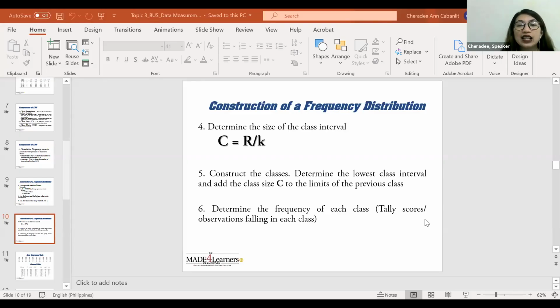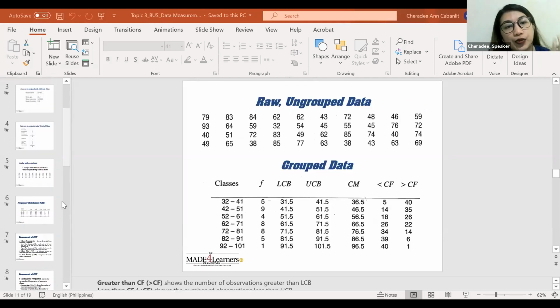Yes, I will upload also the sample in Moodle. I think it is included in your summative exam, or is that the compre? You have a compre, right? So yes, this is included. I will include the Excel file with formulas. You will have to study this, especially this one, guys.